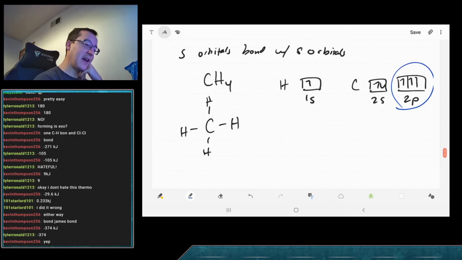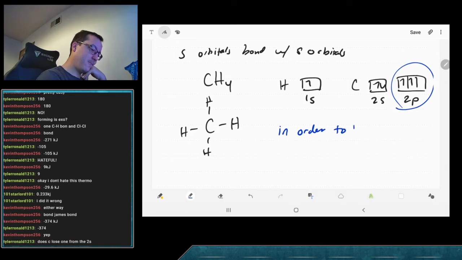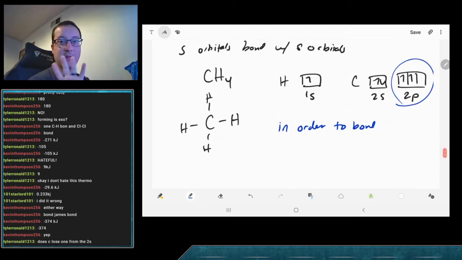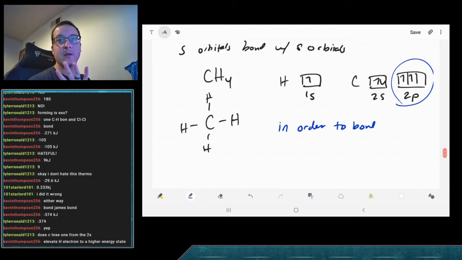What will actually happen is, in order to bond, so we know that carbon is going to make those 4 bonds, right? So those 2 s electrons can bond with the hydrogens already. That's no problem. It's these p electrons that are tricky.